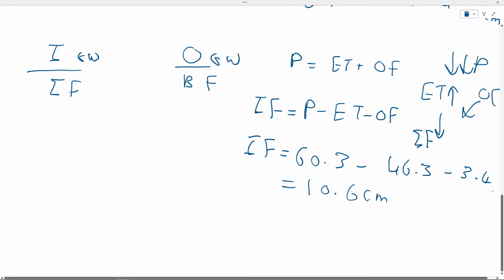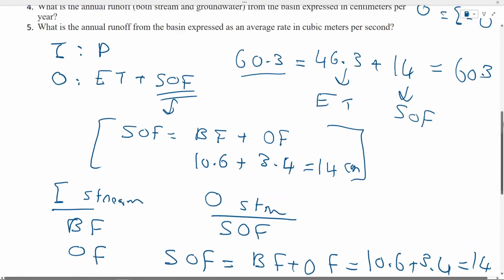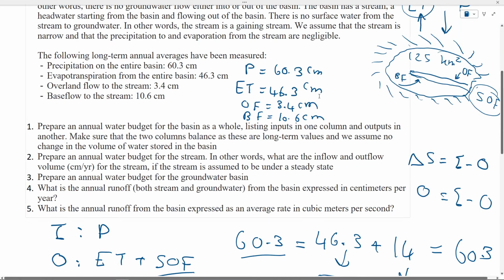So this is basically the infiltration, and the output would be the base flow. That would be the groundwater budget for the groundwater basin. And what is the base flow? Let's check. The base flow should be 10.6. Is it 10.6? Yeah, exactly 10.6.